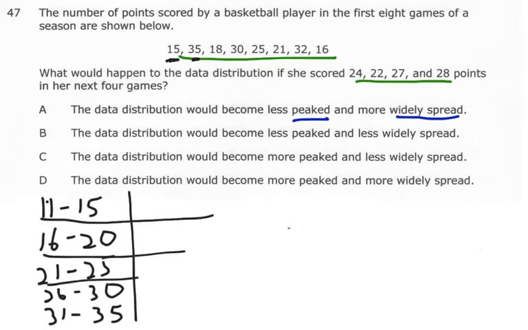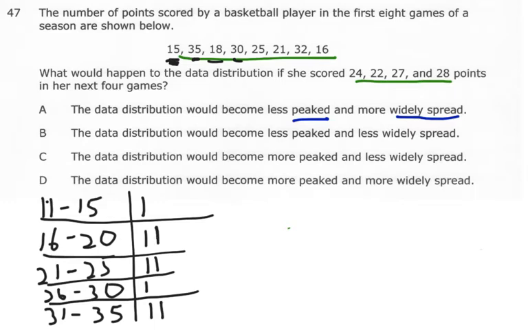and then I'm just going to make tally marks for each time they occur, and I'll go ahead and complete that. I'll start it with you. 15, I have one 15 or one number in that range. I have a 35, I have an 18, I have a 30, I have a 25, a 21, a 32, and a 16.